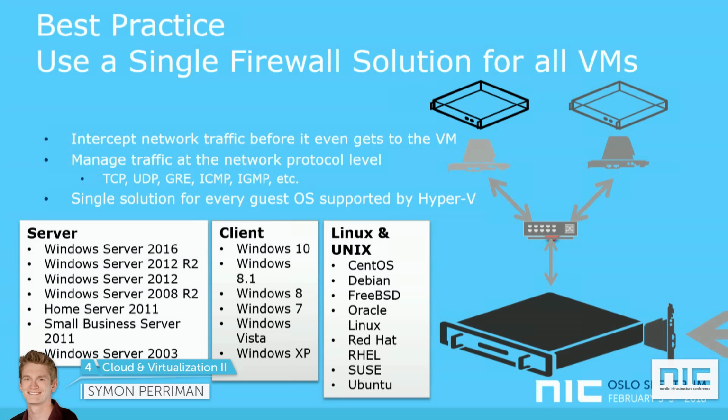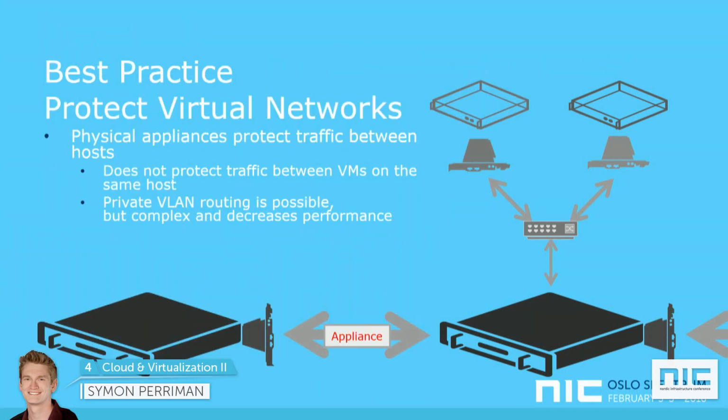Because again, we are intercepting those network packets at the host before they even arrive at the VM, putting them through a firewall, saying what's your source, what's your destination, what's your protocol. If you're safe, then you're allowed to go through, and this network packet is allowed to actually arrive at the virtual machine itself. So again, try to get a virtual firewall at the host. You get that consistency, global policies, and it makes administration a lot easier.